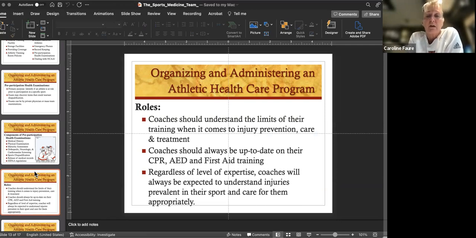You have a unique relationship with these kids. You know what normal is for these kids. And you see the injury when it occurs at your sport practice or your game. So just understand the limits of your training and of your care. And again, when in doubt, sit them out. When in doubt, refer it to a higher medical authority.